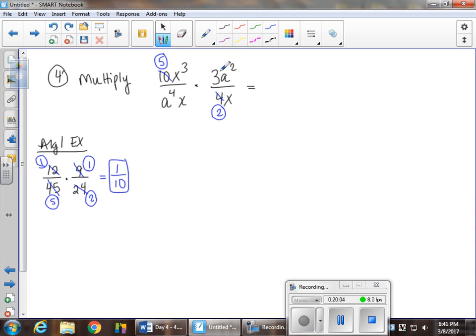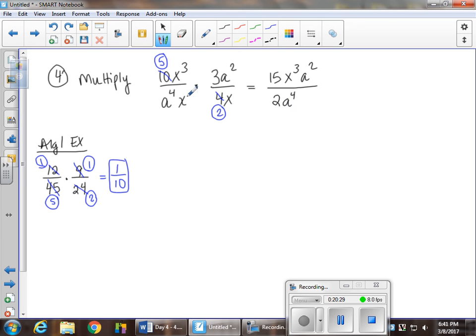Okay? So 5 times 3 is 15. X cubed times a squared, x cubed a squared. Remember, alphabetical order does not matter with these variables. Now we have a 1 here, so 1 times 2, that's just going to be 2. A to the 4th, I don't see any other a's, so that a to the 4th stays.